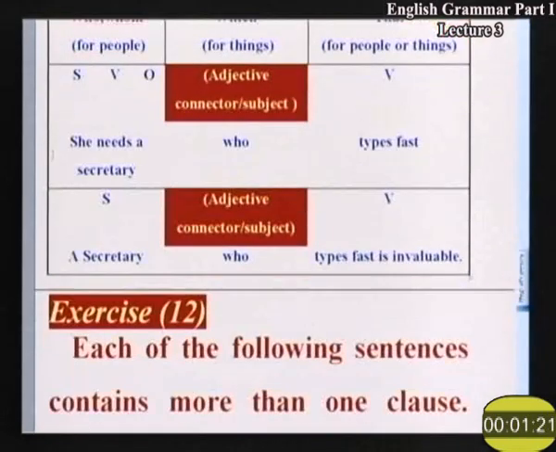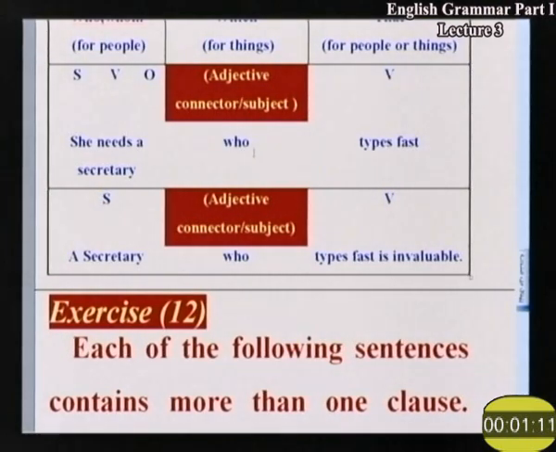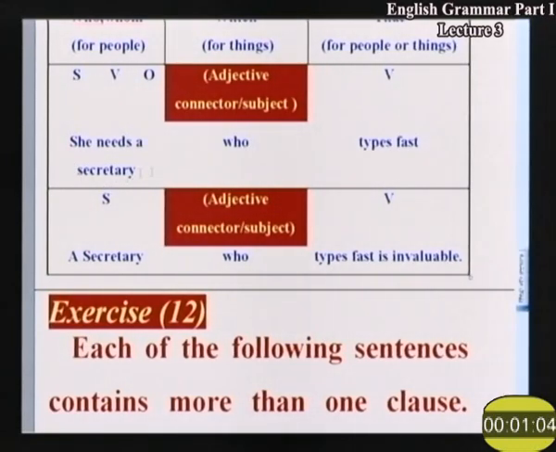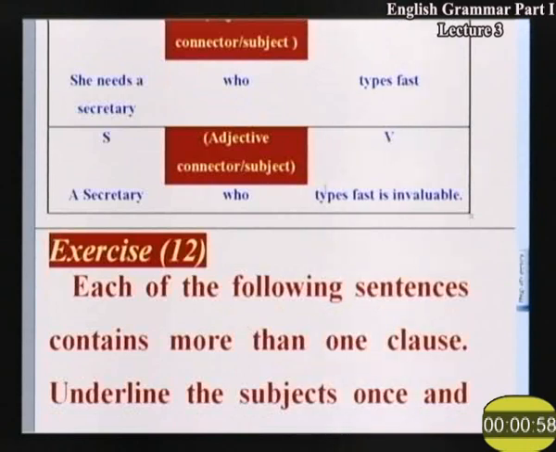نبص على الجملة دي. She needs a secretary. ادي جملة كاملة اهو. She needs a secretary who types fast. Who types fast is the adjective clause that refers to the word secretary. طيب who هنا subject and at the same time it's a connector. طيب نبص على اللي جاي.